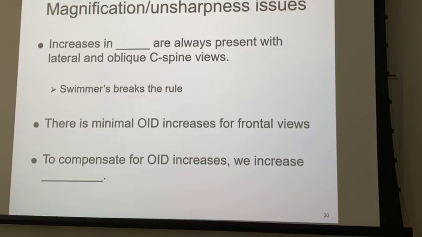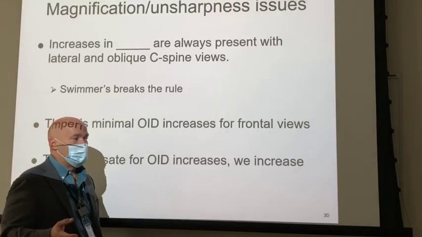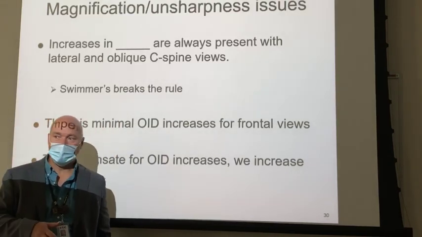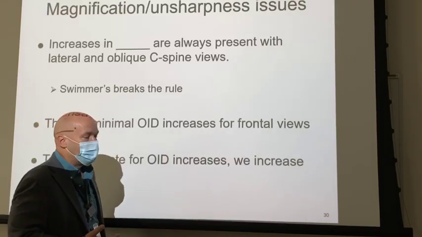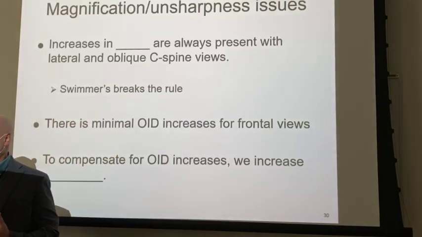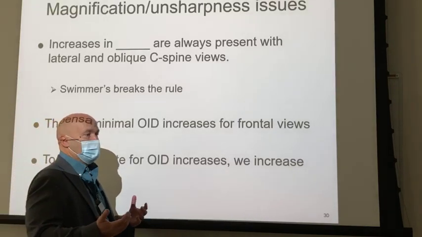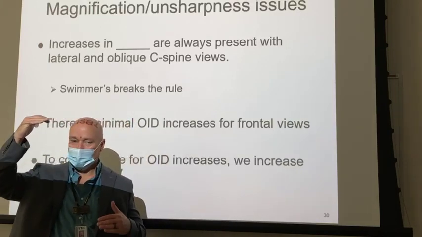An increase in OID is always present whenever we have lateral and oblique views of the C-spine. For those views, we use a longer SID to compensate. AP isn't a big deal, but on every spinal view we need to see the anatomy proximal and distal to it.